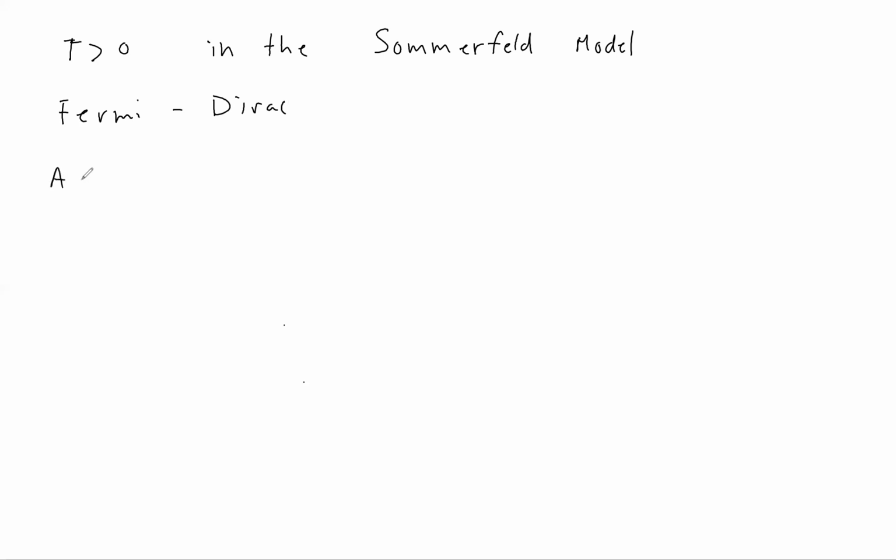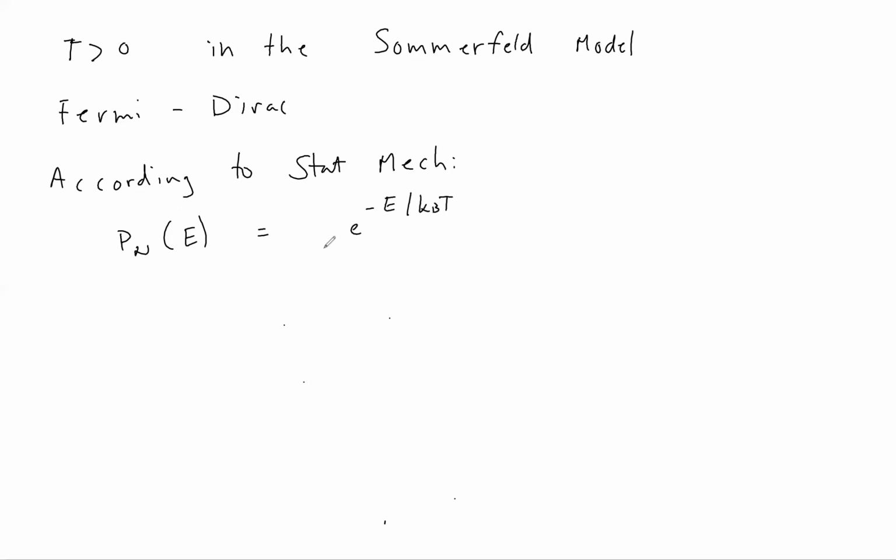So remember, in statistical mechanics, the probability of some n electron state having energy E is equal to e to the minus that energy E over k_B T divided by the partition function.